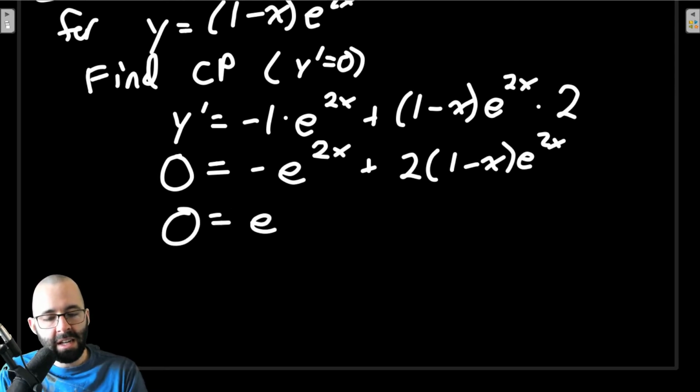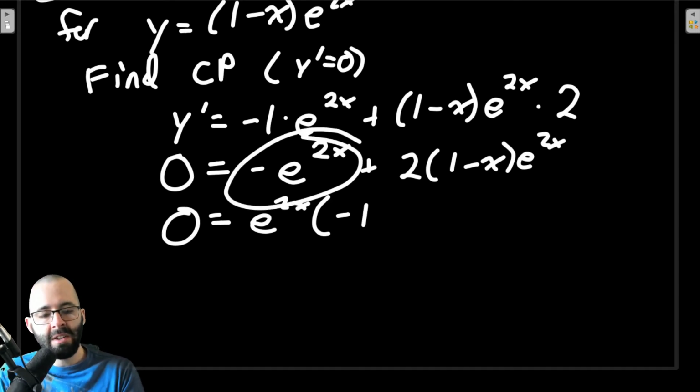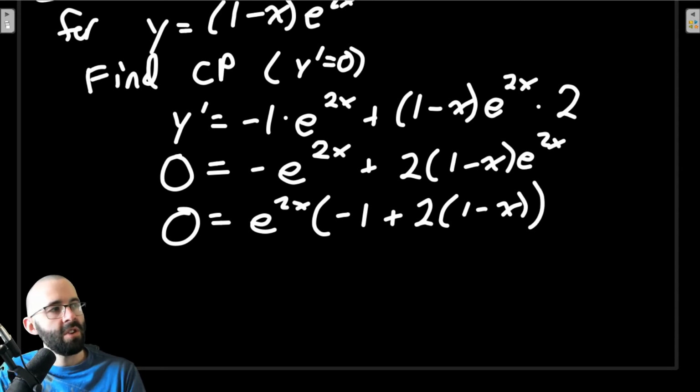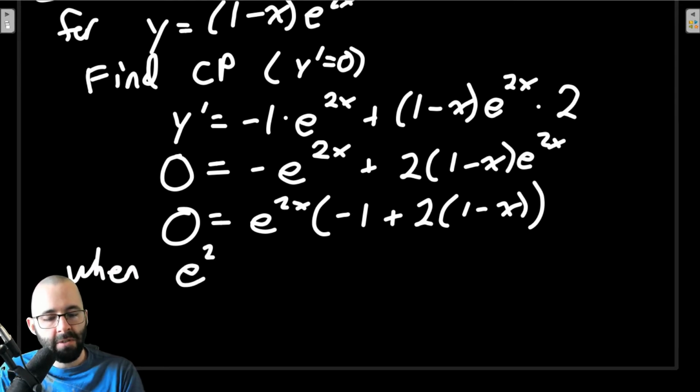So if we factor out an e to the 2x, in the first term, we're just left with a negative 1. If we take out an e to the 2x here, in the second one, we're left with a 2 times 1 minus x. So now the solutions of this equation are going to be when, if things are factored, the first thing equals 0, or when the second thing equals 0.